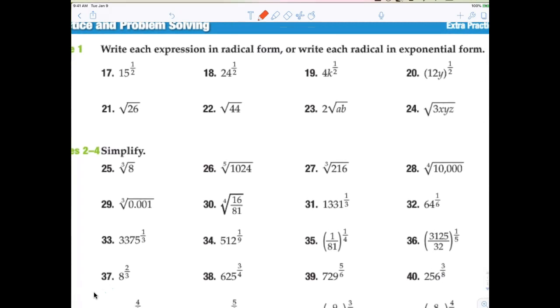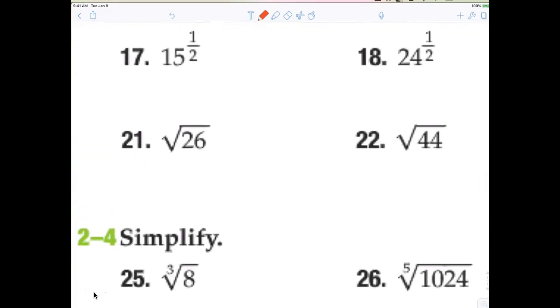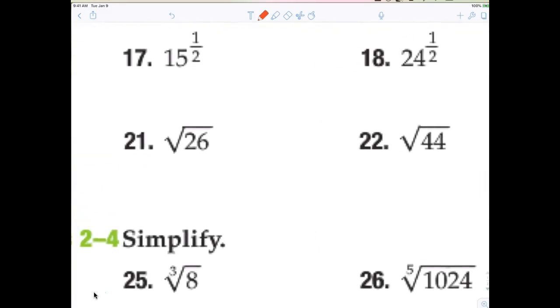So somebody tell me about 17. How do I write that? We're writing as a radical. And then? Well, think about it now. 2.